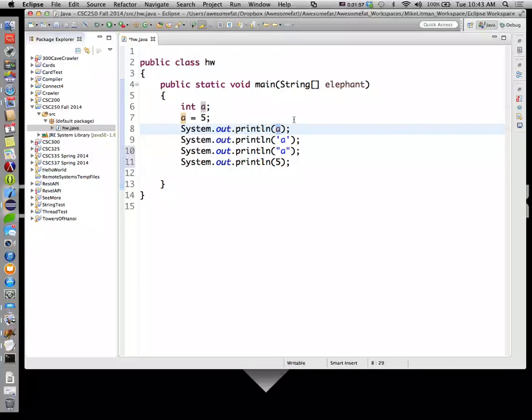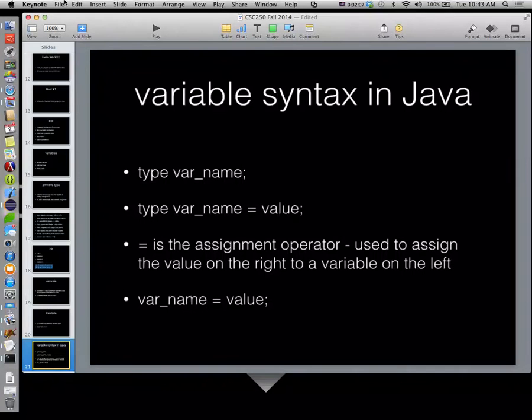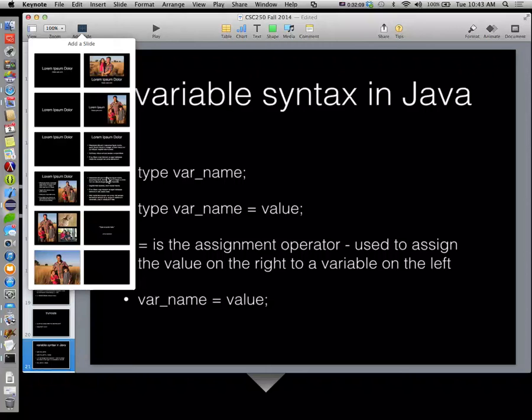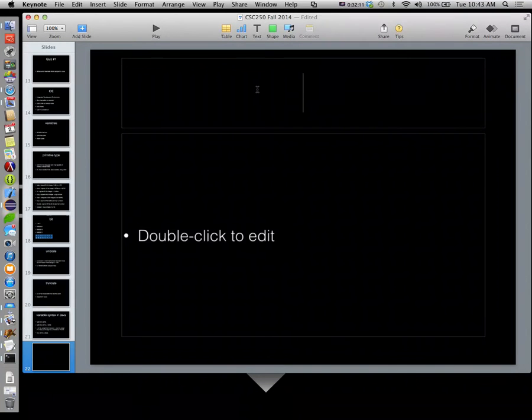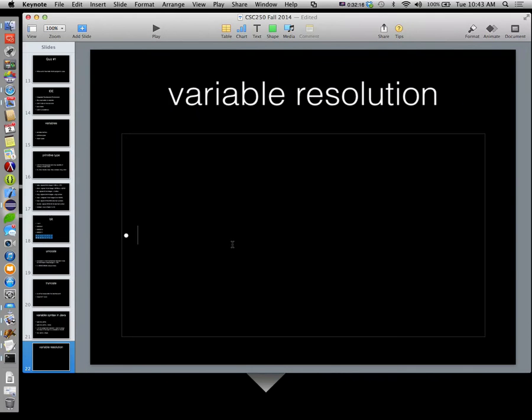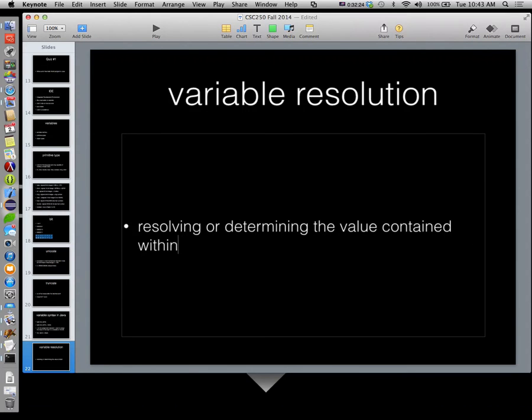Println displays the value contained within the variable. Make sense? All right, so that's called variable resolution. Resolving or determining the value contained within a variable.